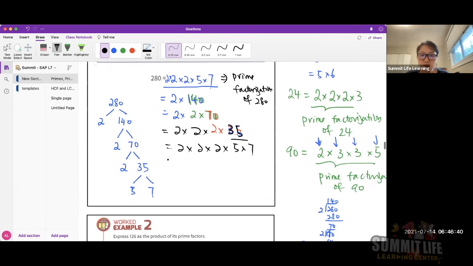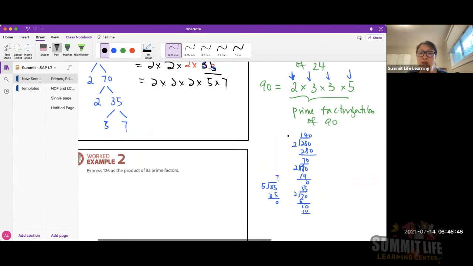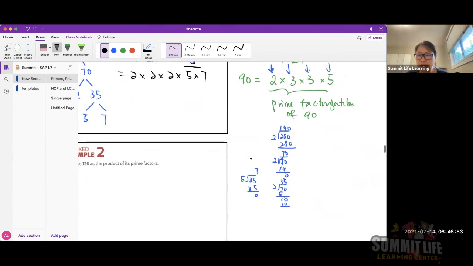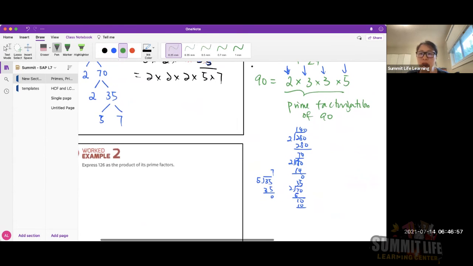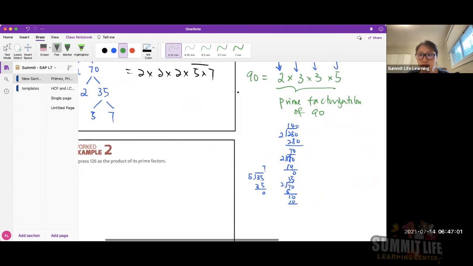For getting this expression, it involves a lot of division. If the number is very big, having so many divisions is not very nice for our calculation. It makes our calculation tedious. So we invent another kind of division called short division.